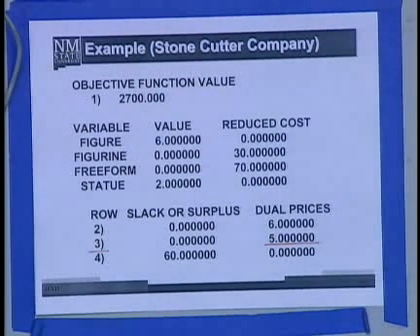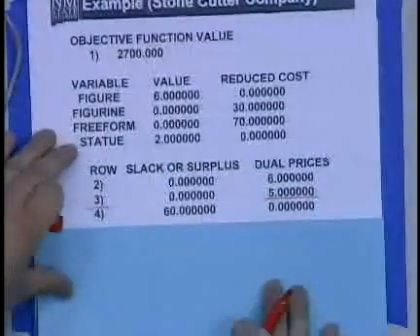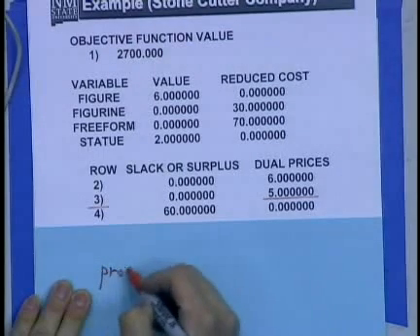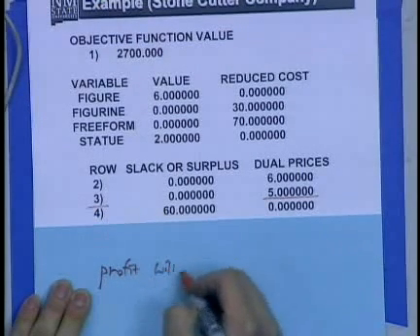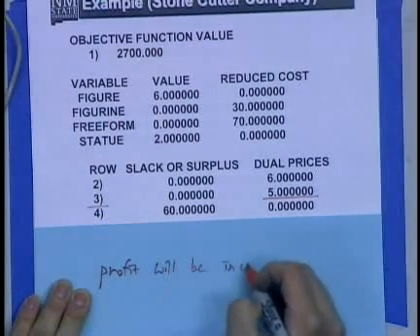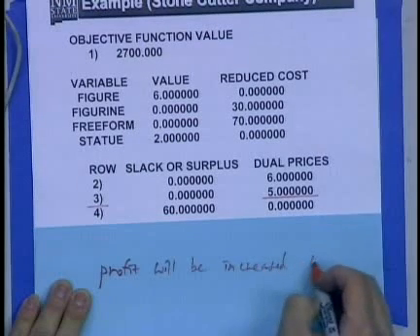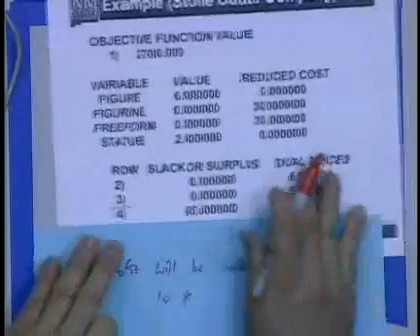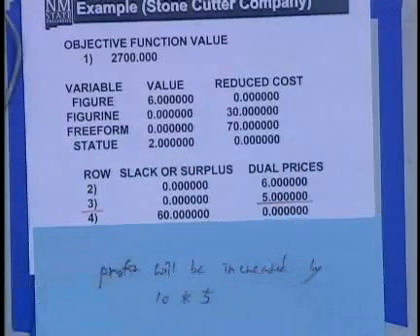And because 10 additional hours are available, the profit will be increased by 10 times this much, 5, right? So the profit will increase by $50.